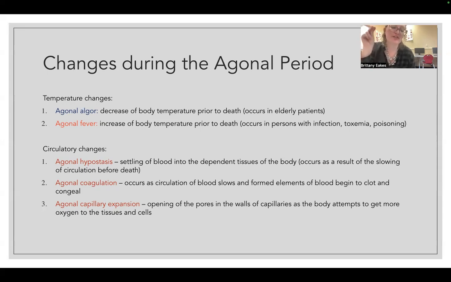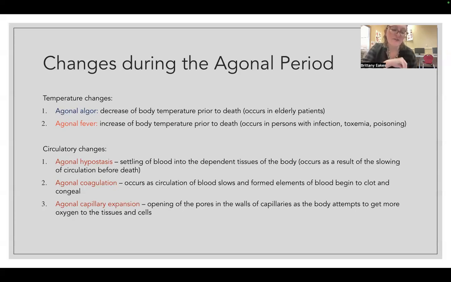So for temperature changes, there's two thermal changes that can occur during the agonal period. Agonal algor, which is the cooling or decrease of the body temperature prior to death. This is seen in elderly patients when death is occurring slowly, their body temperature starts to drop.